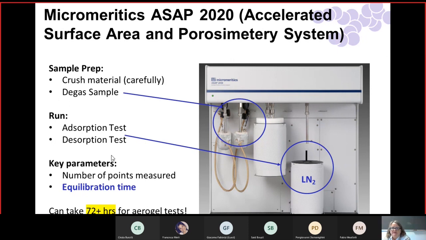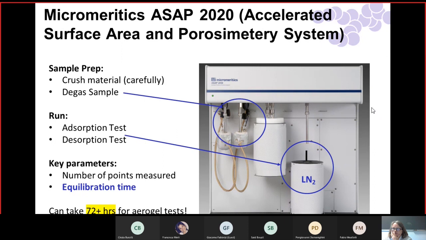This is a container of liquid nitrogen, which is used in the degassing to cool the vacuum evacuated sample. Your sample goes on here. The system is connected to a bottle of gaseous nitrogen, which is then dosed.